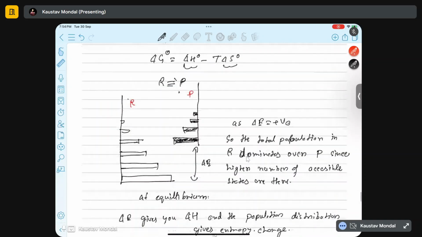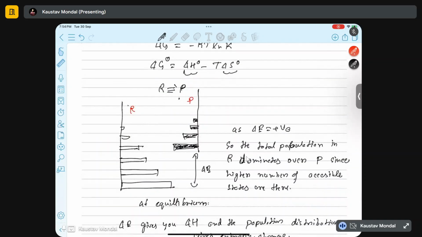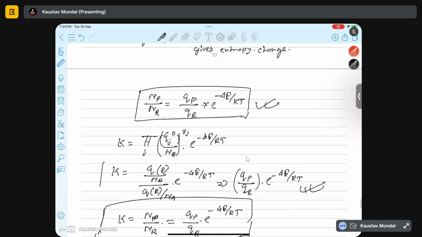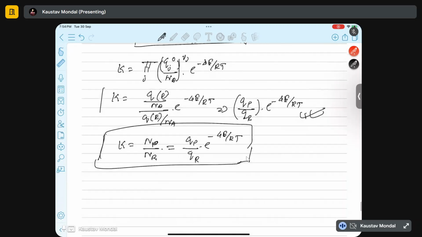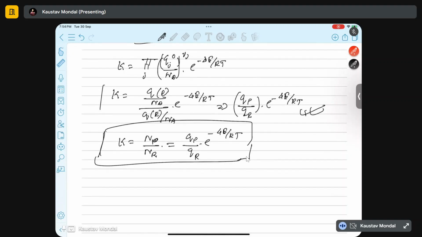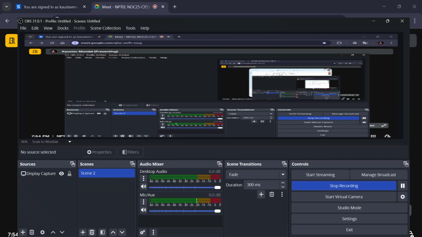And at the end, we discussed how you can calculate the Gibbs free energy if you know the energy distribution of reactants and products. And also we discussed there's a relation between the equilibrium constant K and the number of particles, products and reactants. So further discussion we will do in the next class. For today's discussion, that's it.